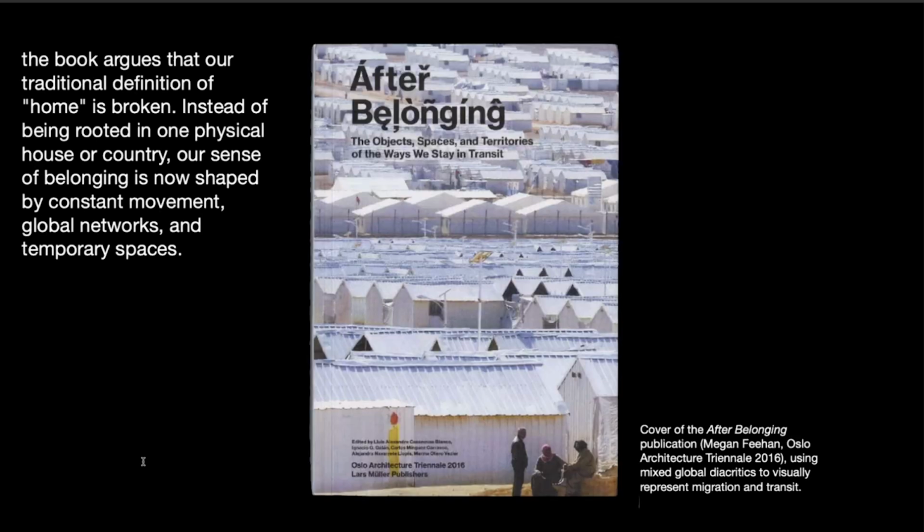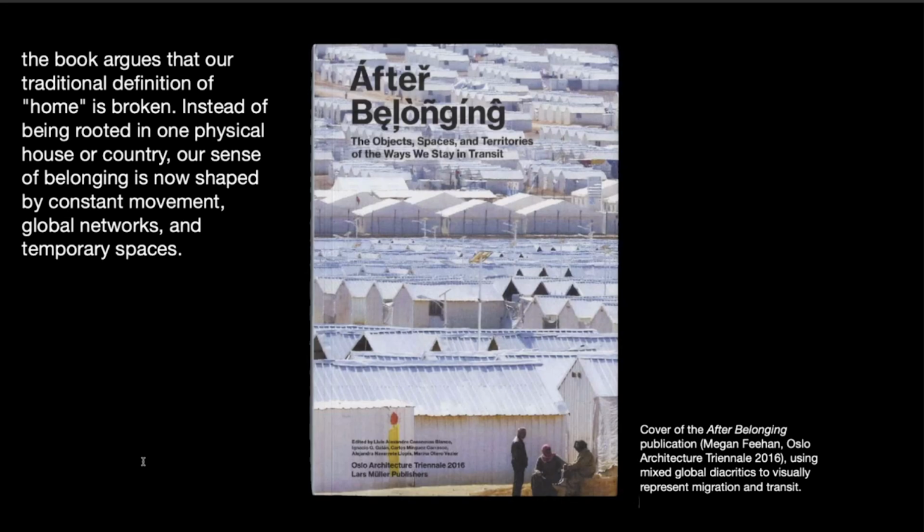But I wanted to show a constructive contrast example, where it's not typically the commercial stereotyping as we know about these fonts or mimicries. So this is a book, After Belonging. It's the cover of the publication, about an Oslo Architecture Triennale from 10 years ago.